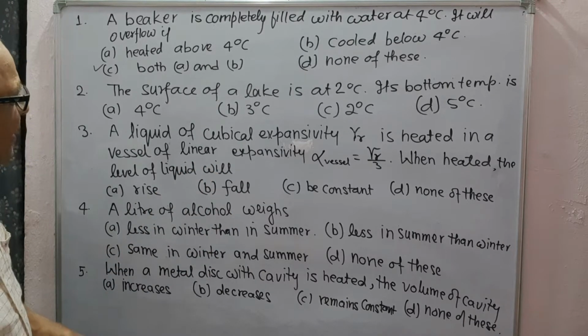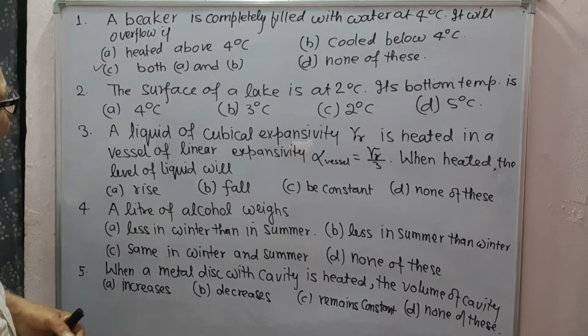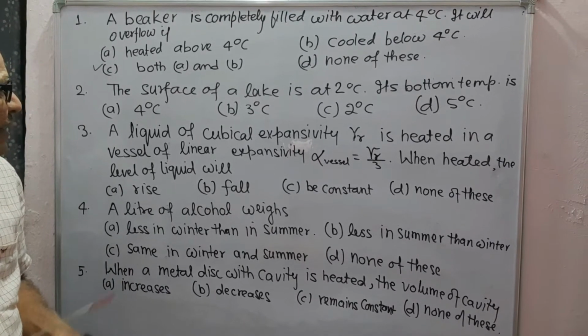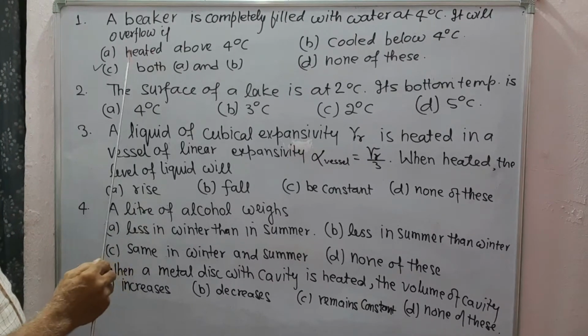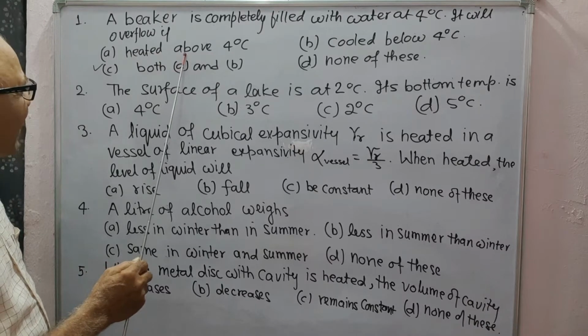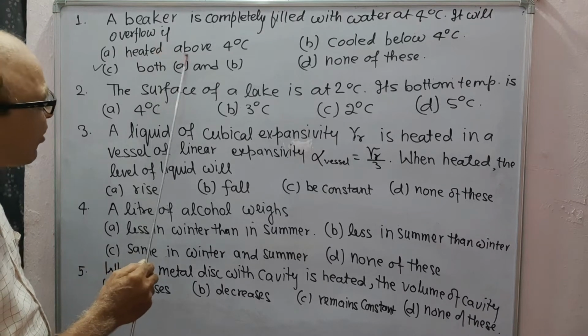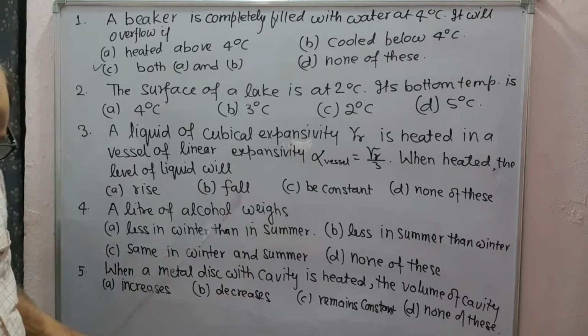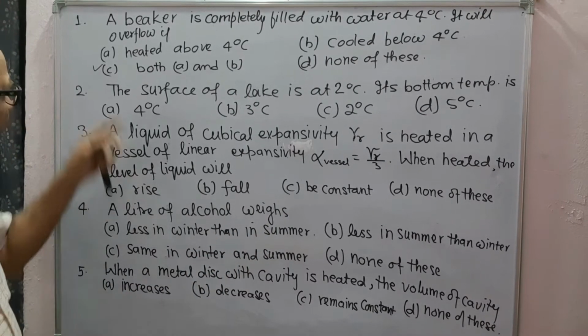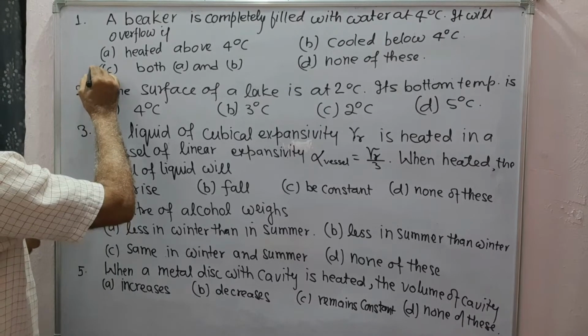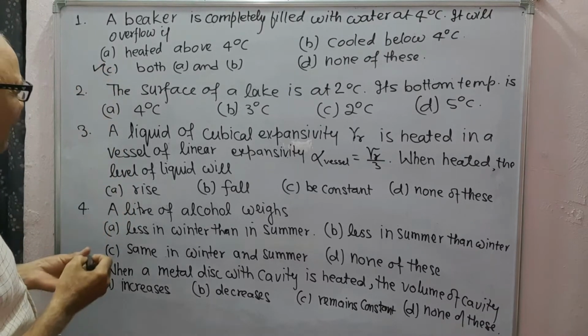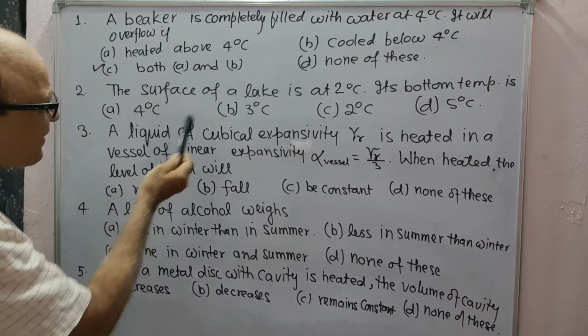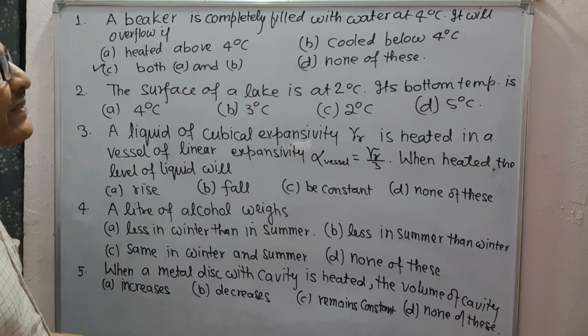Therefore, the correct option will be both A and B, means the liquid will overflow above 4 degrees Celsius and below 4 degrees Celsius. Therefore, the correct option will be C.